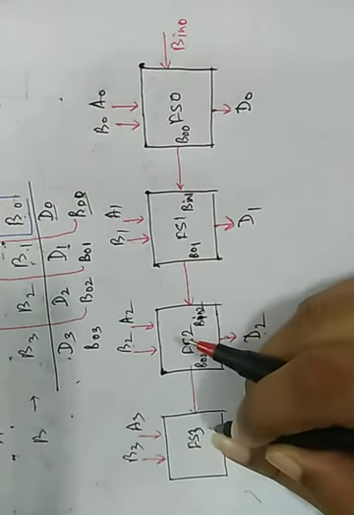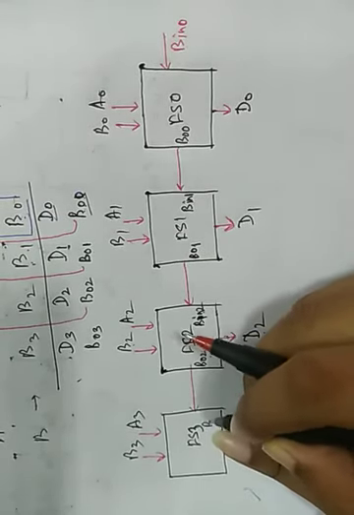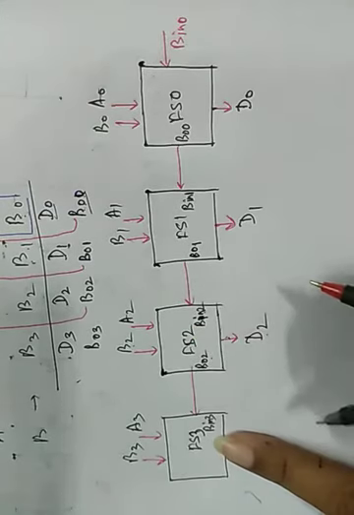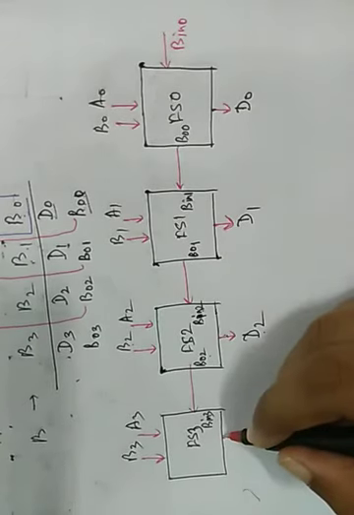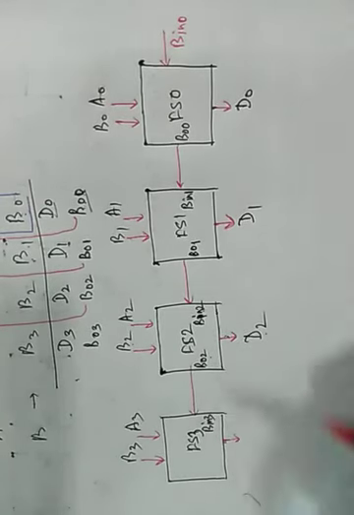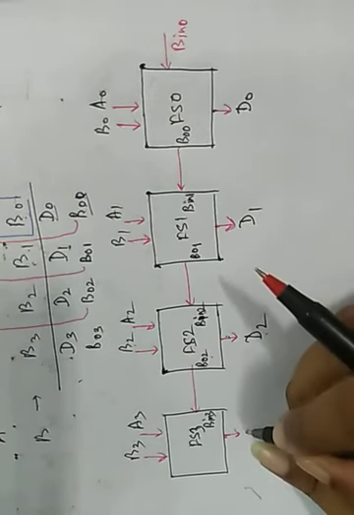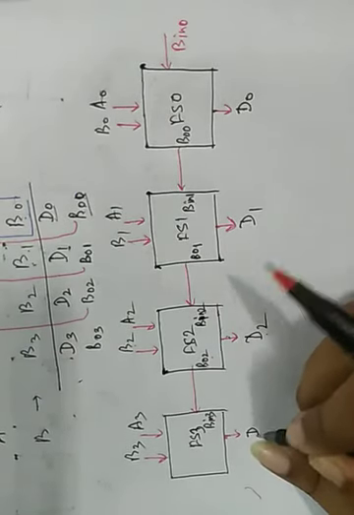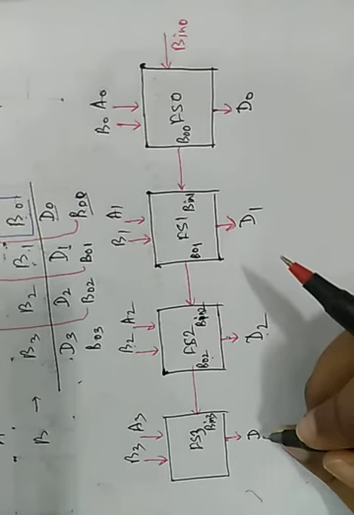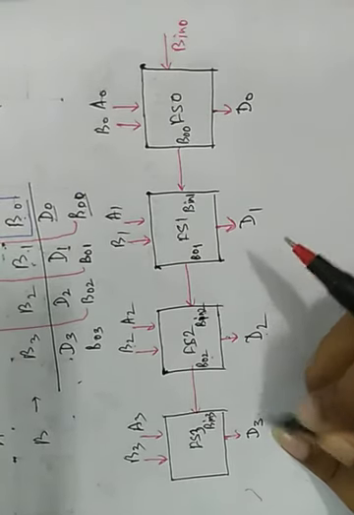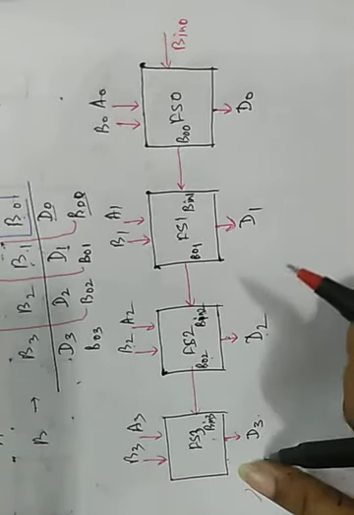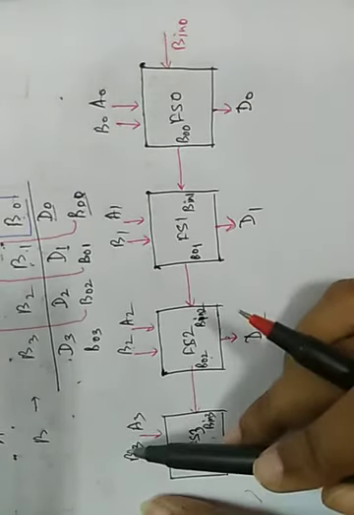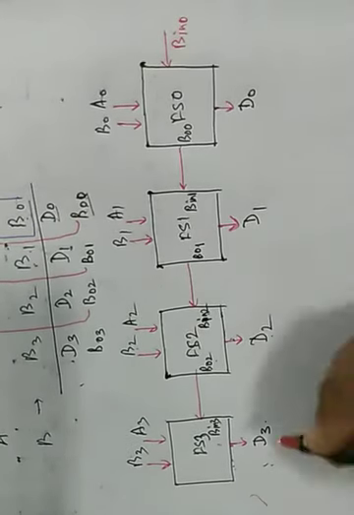This B out 2 goes as the B in input, B in 3. Now with this B in 3 we get D3. Obviously there must not be any borrow taken from there.